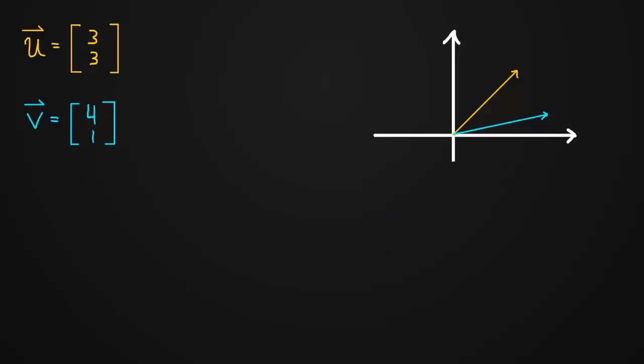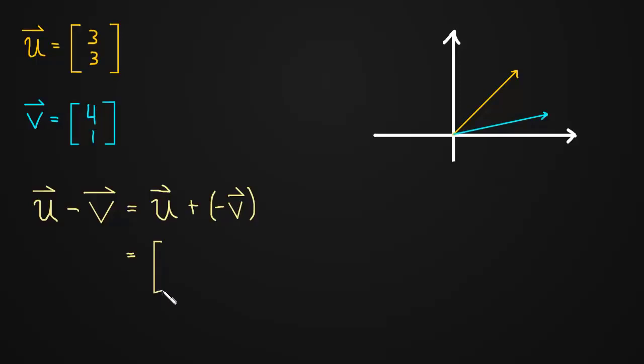Let's take a look at vector subtraction. This is going to work the same way that it works for real numbers. If we want to do something like u minus v, this is really just the same thing as doing u plus -v. And we know how to multiply v by -1. That's simple enough.